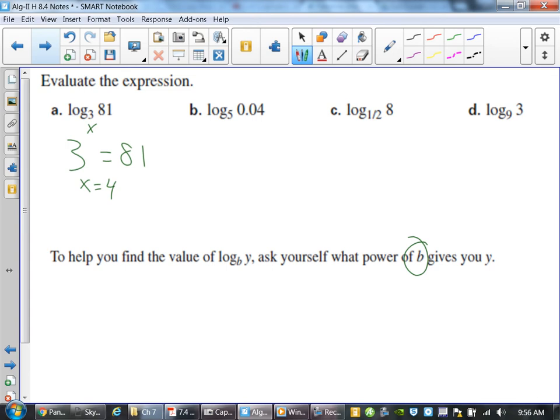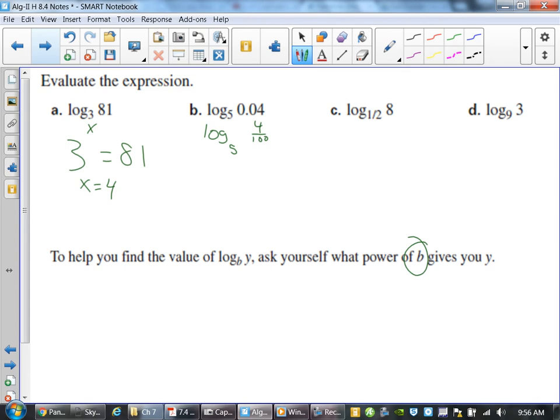Now, log base 5 of 0.04. What you'd want to do in something like this is rewrite it as a fraction. This is log base 5 of 4 over 100. What is 4 over 100?